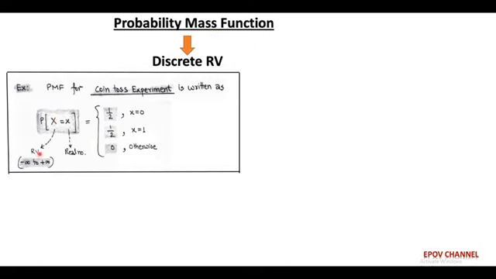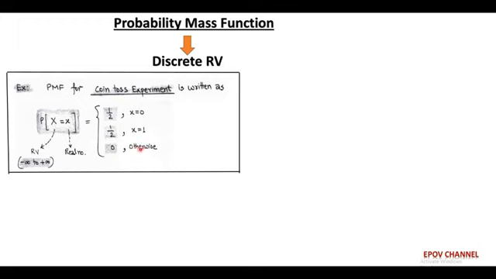Here capital X is called the random variable having range minus infinity to plus infinity. After assigning a real number, that is a finite value, it is called small x. So p of X equals small x is half for x equals 0, that is for tail, and half for x equals 1, that is for head, and 0 otherwise.